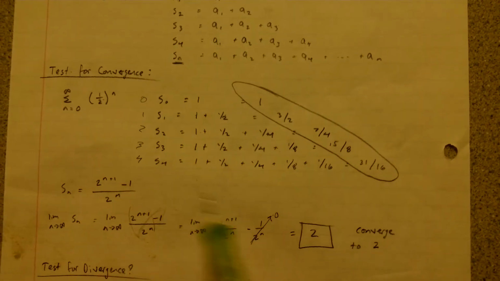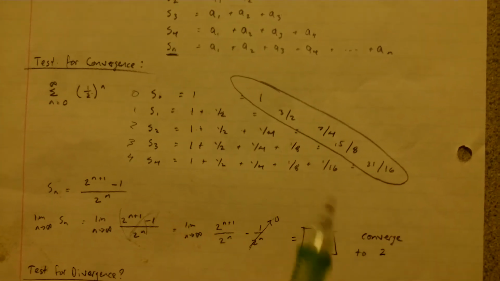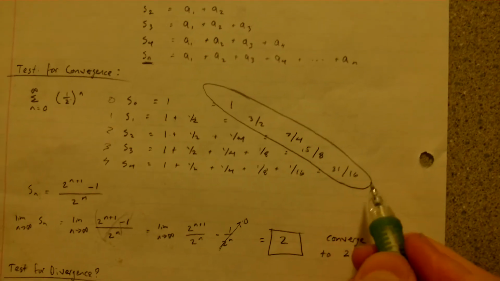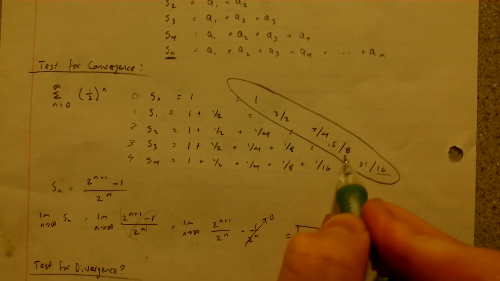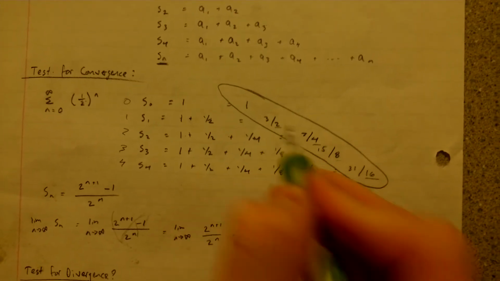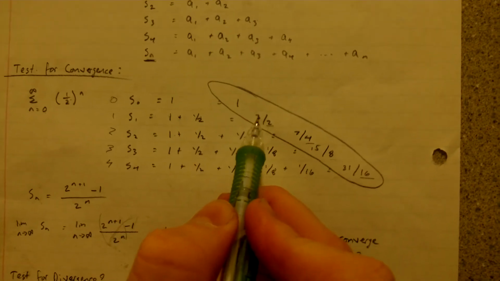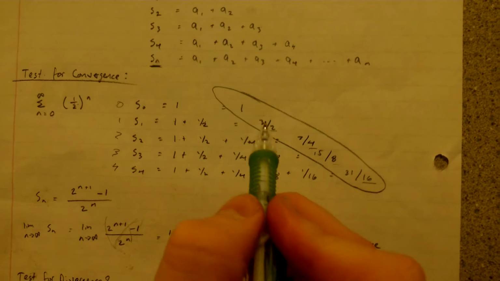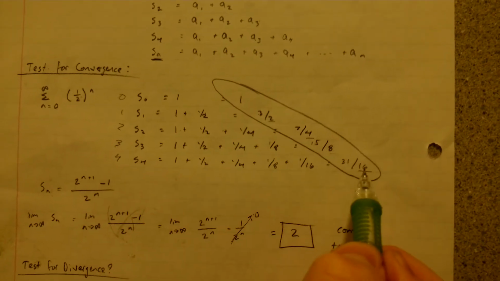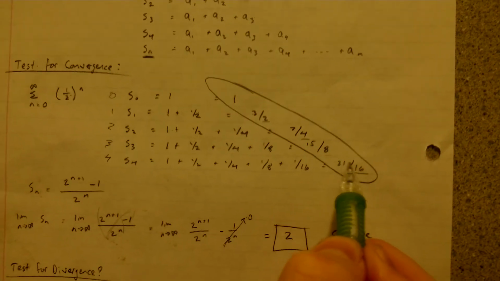You can continue to do that, and then you start to recognize a pattern. The pattern is a factor of 2 each time for the denominator, and for the numerator, it's a factor of 2 minus 1. It's also twice the size of the bottom, plus or minus 1.